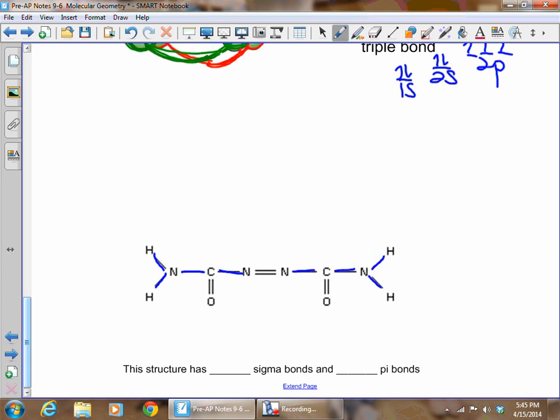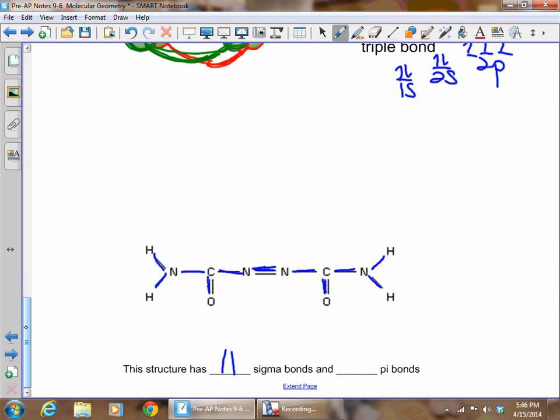And I have a lot of people that tell me there are 8 sigma bonds, but they've forgotten that every single bond between any 2 elements is always going to consist of a sigma bond first. So all of these double bonds also have a sigma bond as one of those bonds. So we have 8, 9, 10, 11 sigma bonds.